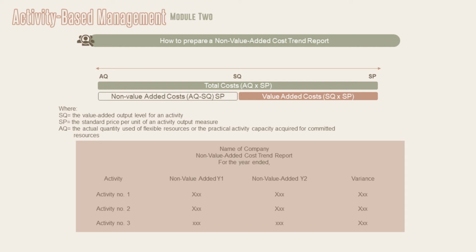The third column corresponds to the non-value added cost for the current year, so we're just going to place there all of the non-value added cost of each activity. And the last column, which corresponds to the variance, is where we're going to place the difference between the previous year and the current year for each activity. So now let us try to solve the second problem.